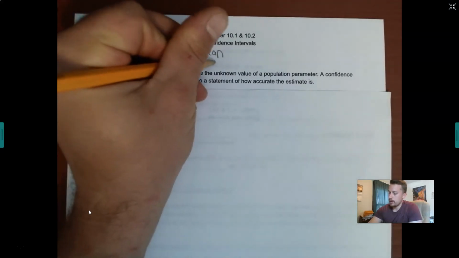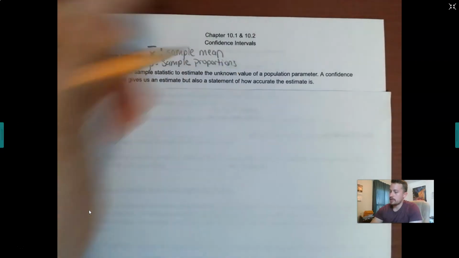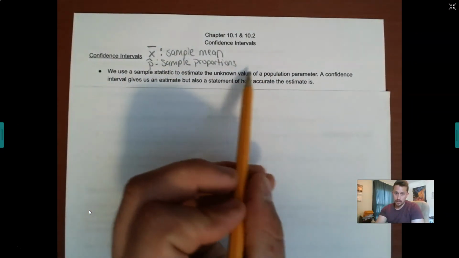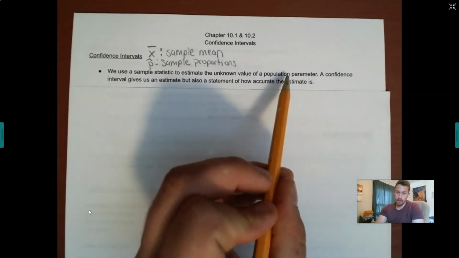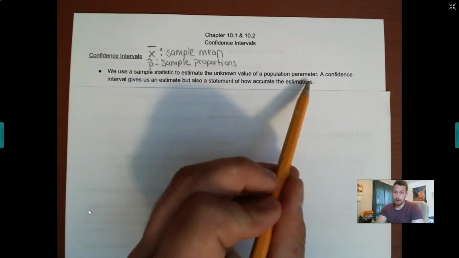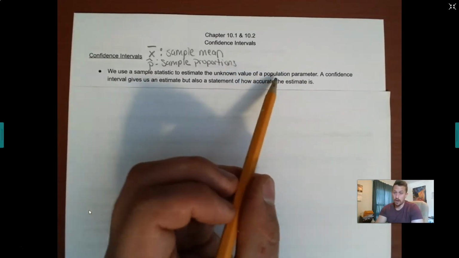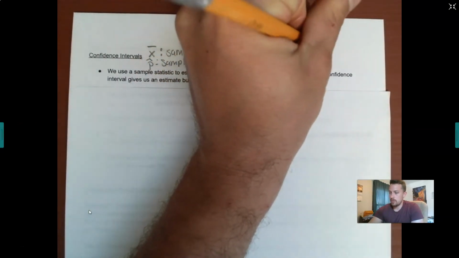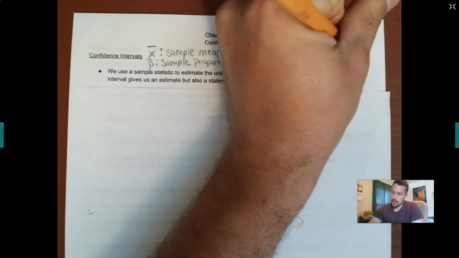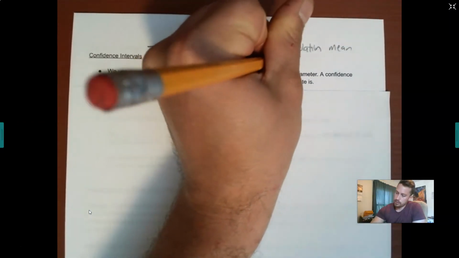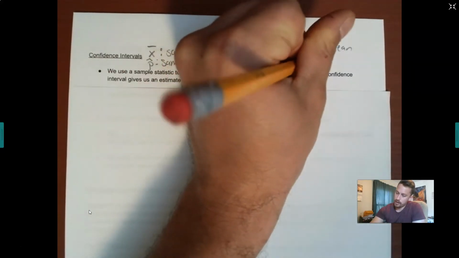These are statistics that we're using to estimate the unknown value of the parameter, the population. We can't usually figure out the parameter because the population is too large. The sample mean corresponds to the population mean mu, and the sample proportion corresponds to the population proportion p. So this is a little review.